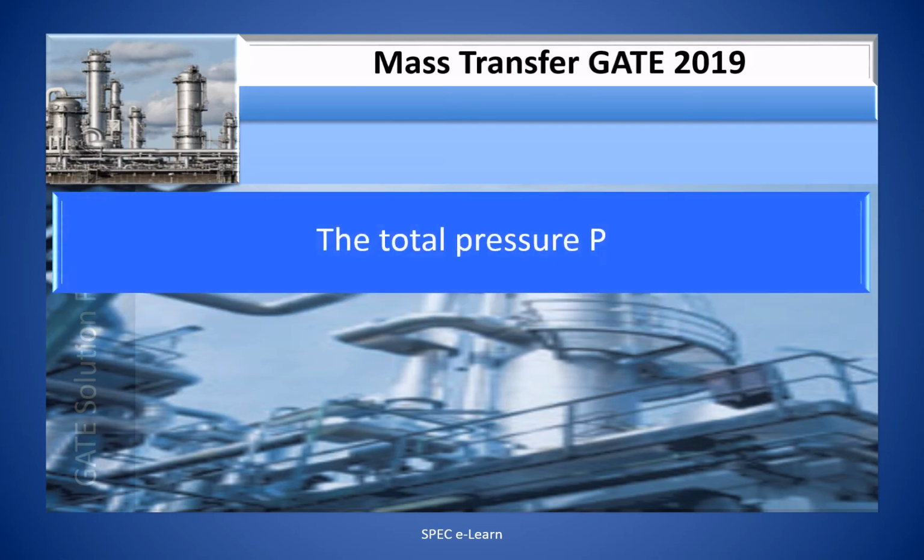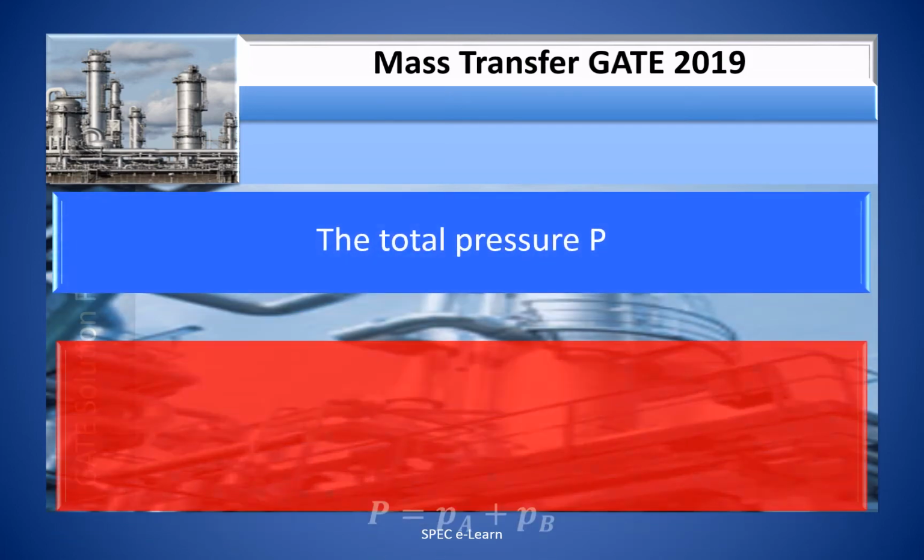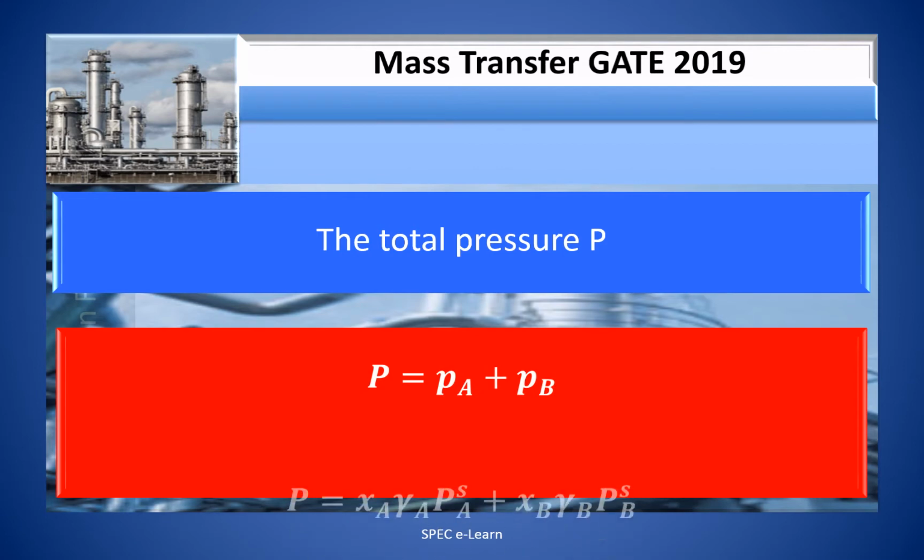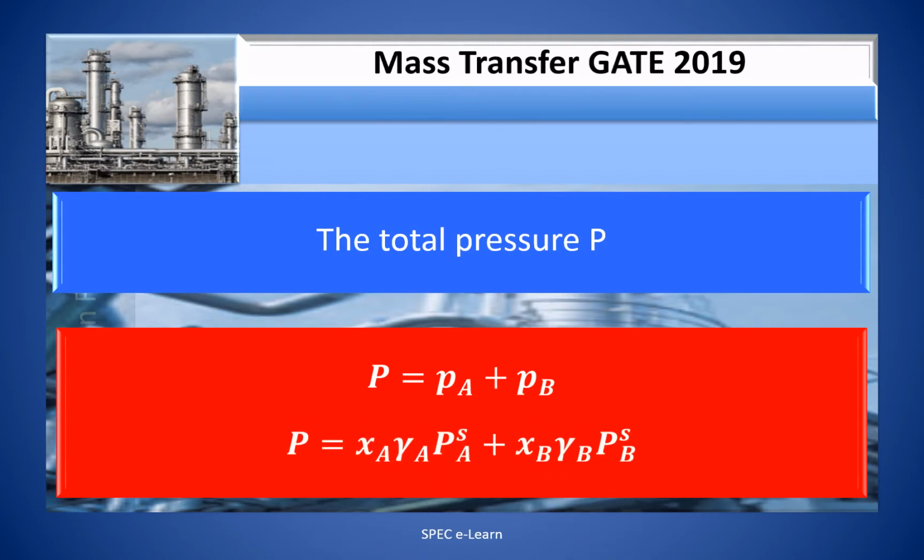So the total pressure P can be written as P equals PA plus PB. So P is equal to XA into gamma A PSA plus XB into gamma B PSB.